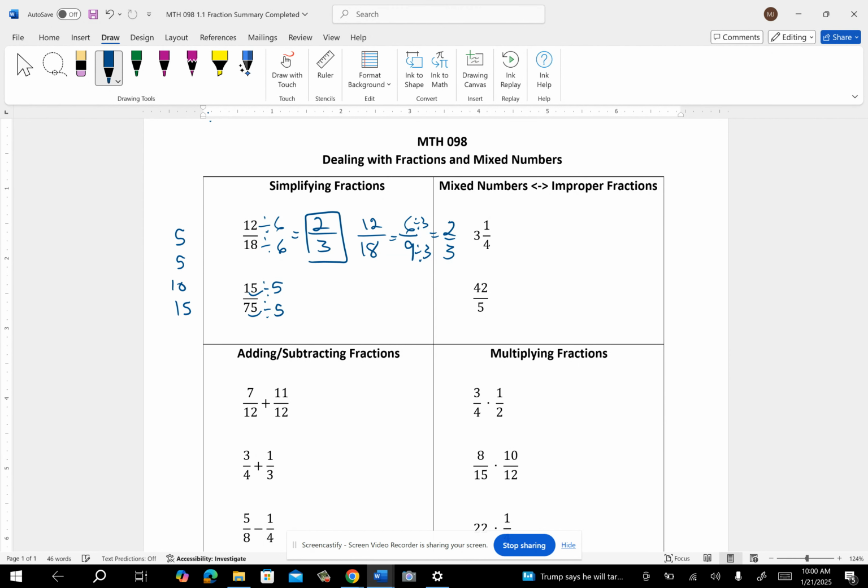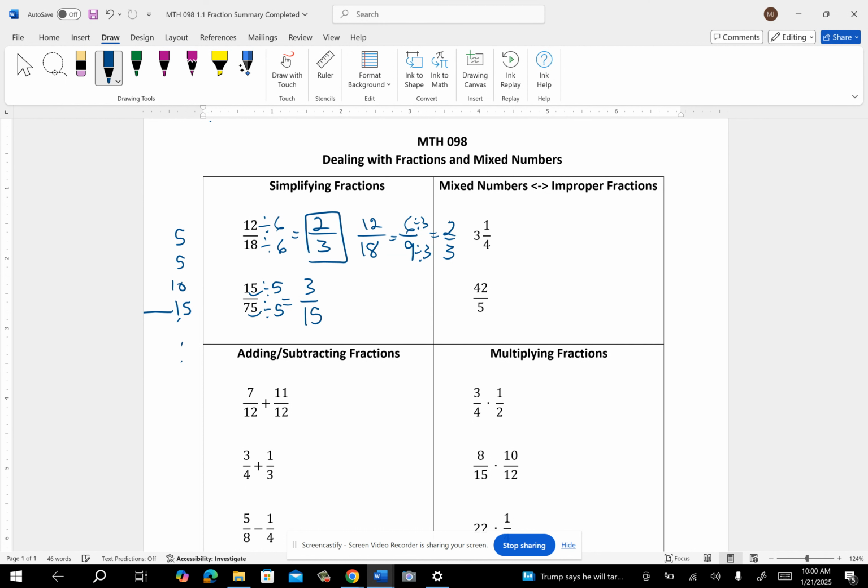You'd look over here and you would see a 3. Okay? So 15 divided by 5 is 3. And then you would do the same for 75. You would keep going under the 5 column, and you'd find out that 5 goes into 75 15 times.